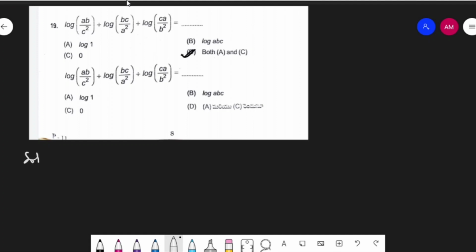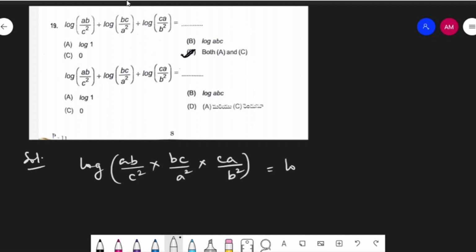So let us solve that. We have log x plus log y is log xy. So what it will be? Log of AB by C square into BC by A square into CA by B square. That is equal to log of A into A square, B into B square, C into C square by A square into B square into C square.